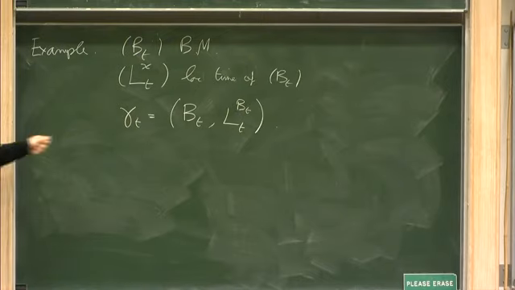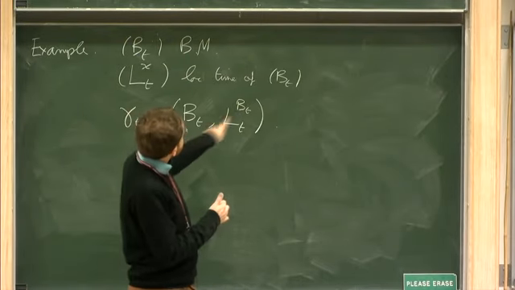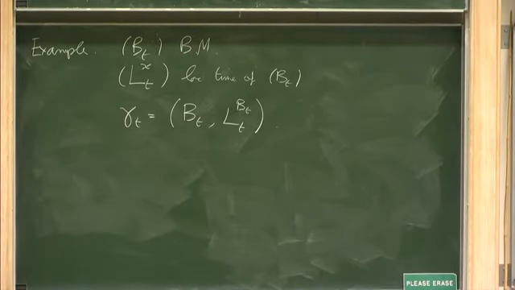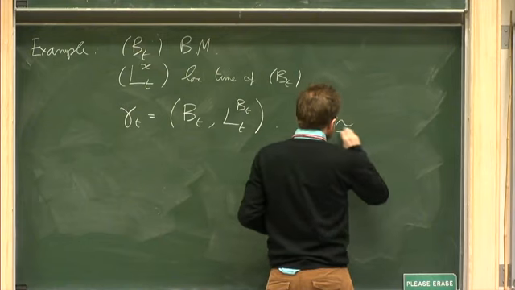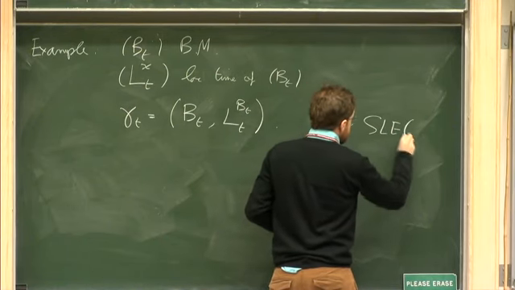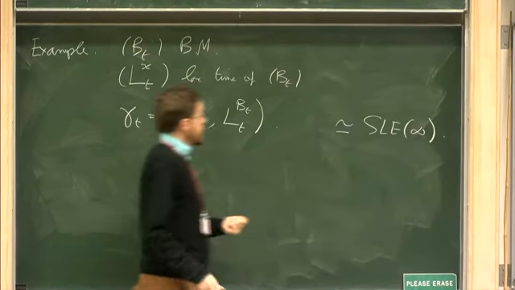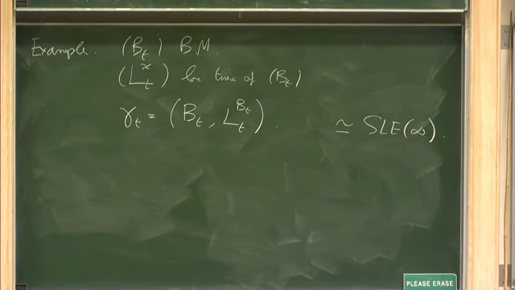So that's one example of a curve that kind of looks like SLE kappa for kappa bigger than 8. And somehow this is the natural definition of SLE for kappa equal to plus infinity. That's what you get if you rescale things properly and let kappa go to infinity.